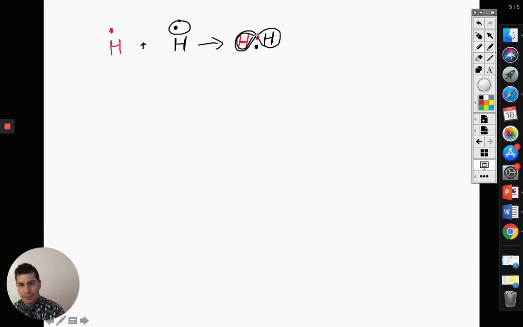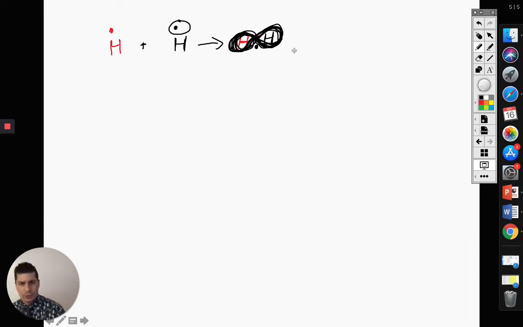It's going to keep going back and forth and back and forth. So that electron is shared. Even though it's the red electron we're talking about with the red hydrogen, it's going to keep going back and forth between the red one and the black one. So that is our hydrogen.